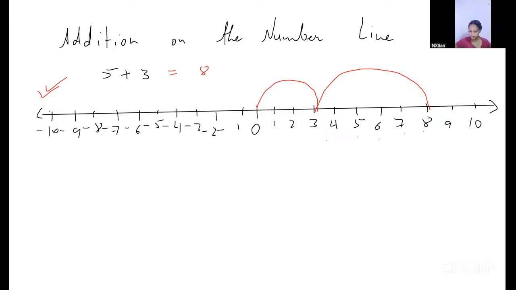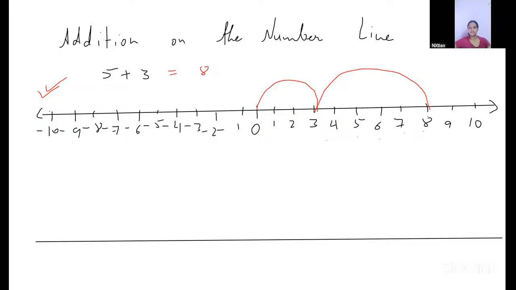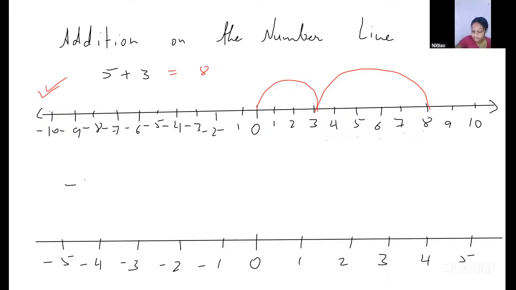You can write this down. In this one, let's work with a positive and a negative integer: minus 3 plus 5.